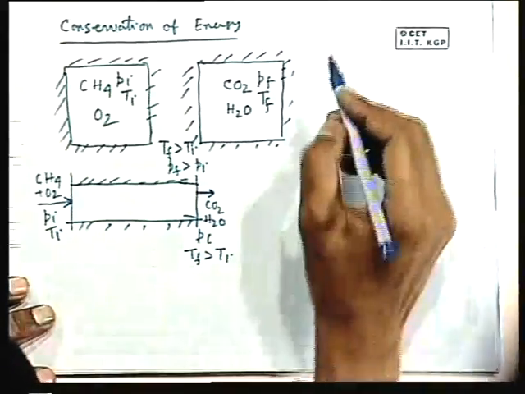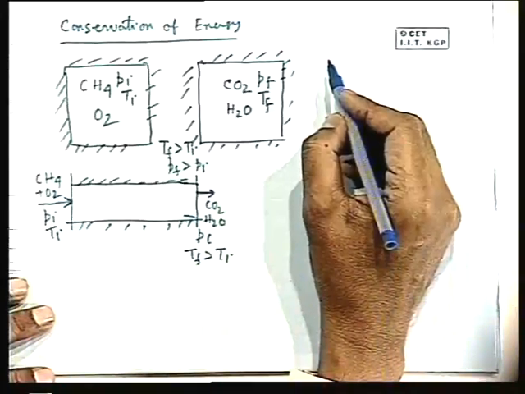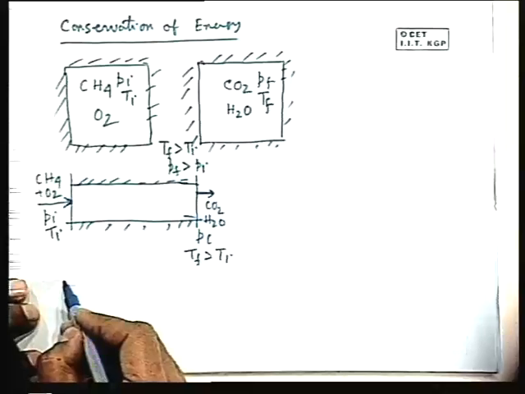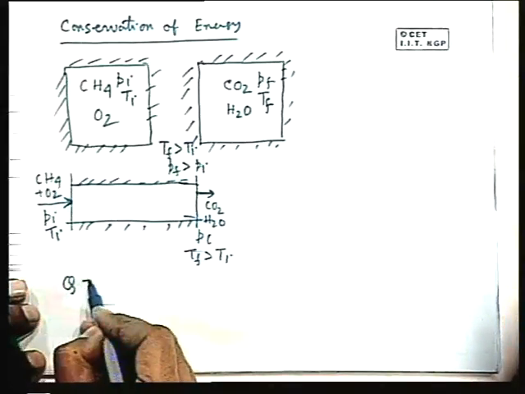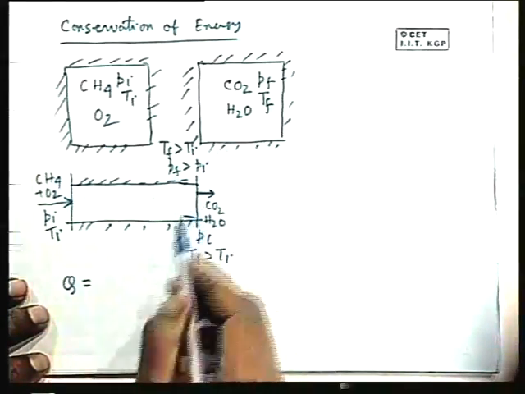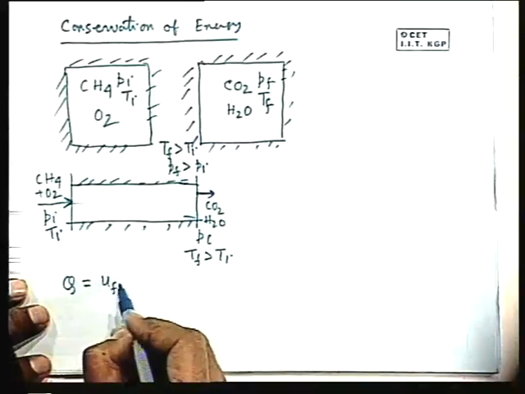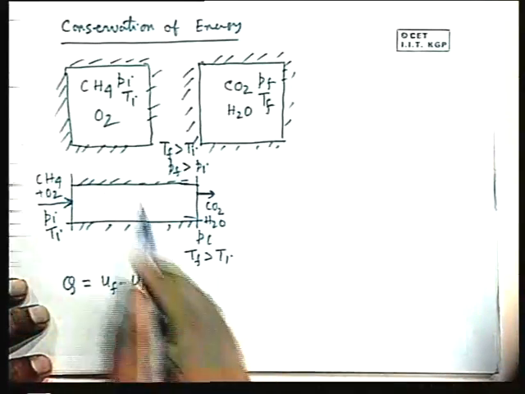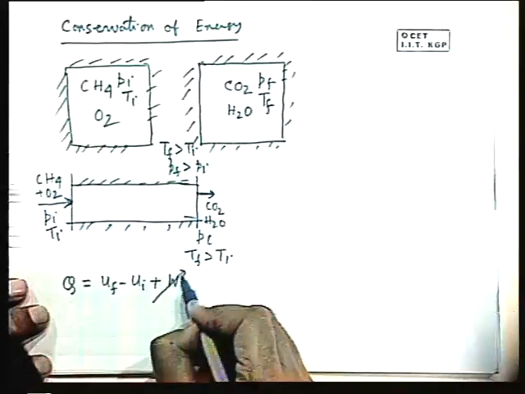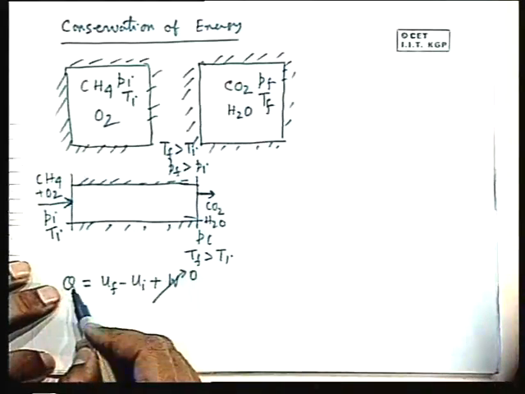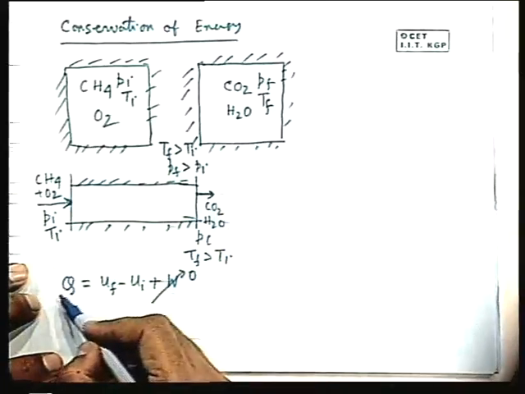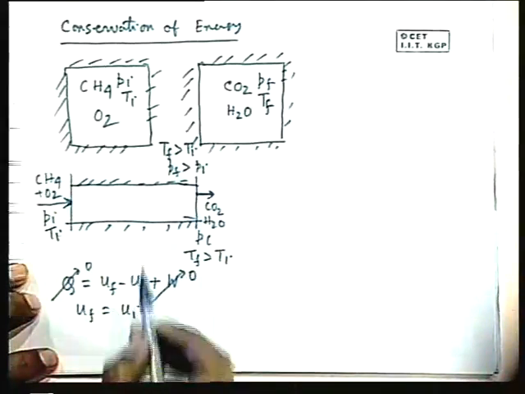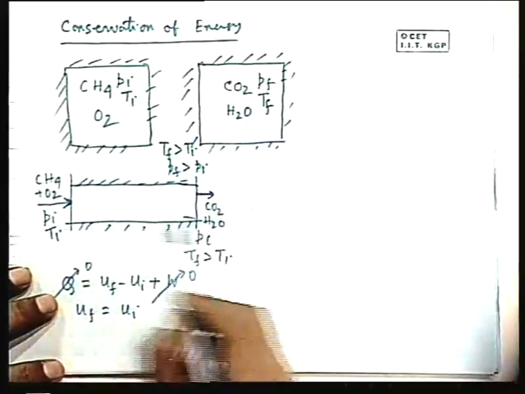Alright. Now if I write the first law of thermodynamics, what do we get? We write that Q is equal to, for both the cases, Uf minus Ui plus W. Now there is no work transfer in these cases, W is 0, and there is no heat transfer in these two cases, Q is 0, which means Uf has to be equal to Ui, because of the first law, the internal energy remains the same.